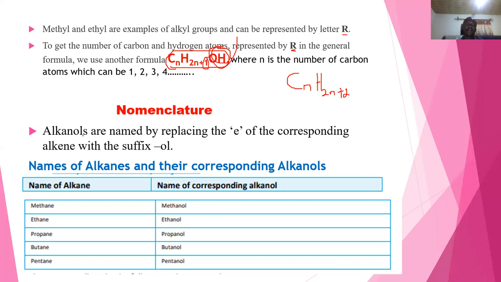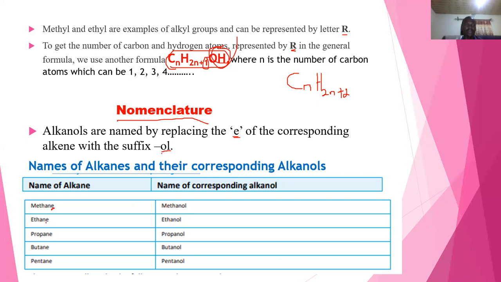So we have the nomenclature. The nomenclature is just the naming, the systematic or IUPAC naming of the alkanols. The alkanols are named by replacing the letter E of the corresponding alkane with the suffix OL. So we replace E with OL. For example, here we have methane. We replace this E with OL to form methanol.